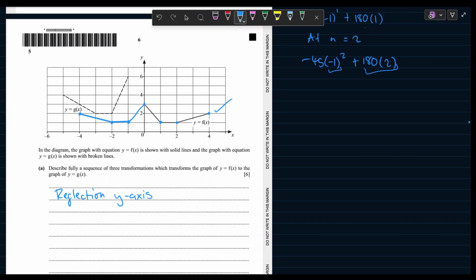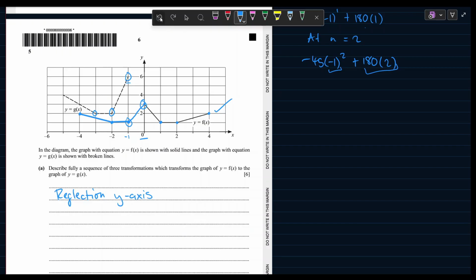And then now after reflecting, if we compare the x values, you can tell that this point here is going to be somehow, we're going to have to force it to be this point here. So this point is at x is 0 and that point is at x is negative 1. If you keep doing the same comparison for every point, you notice that same difference of negative 1. This is at negative 2, this is at negative 1. This is at negative 3, this is at negative 2.